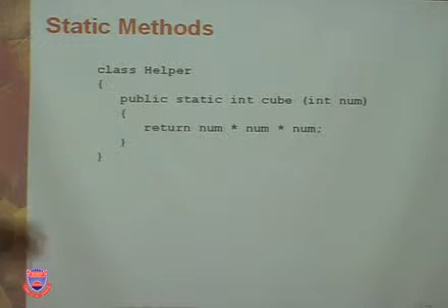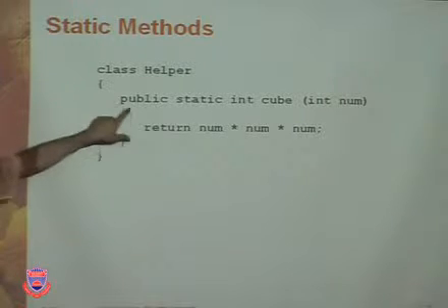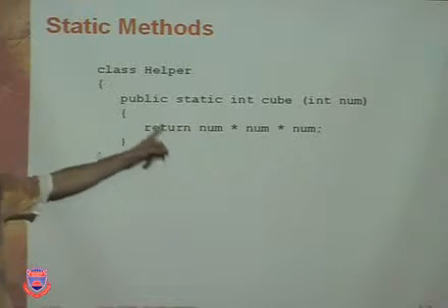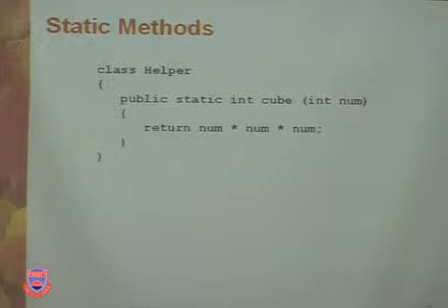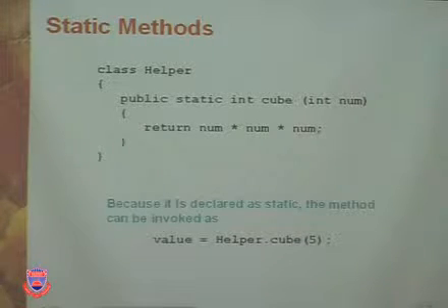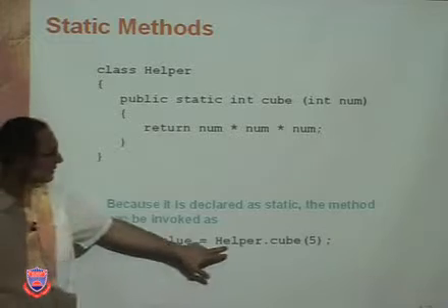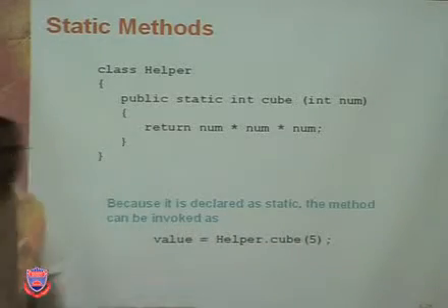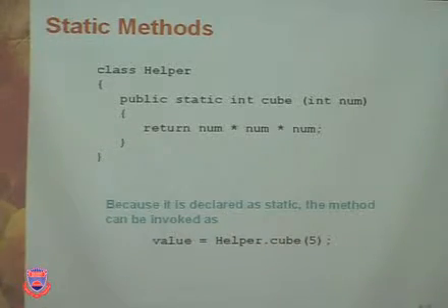And when you look into the helper class here, we had the static int cube. So if I want to call this method, how am I going to call it? I will call helper.cube, and then the argument that I have. So I have value is equal to helper.cube, and then we have the argument 5 that is passed to it.